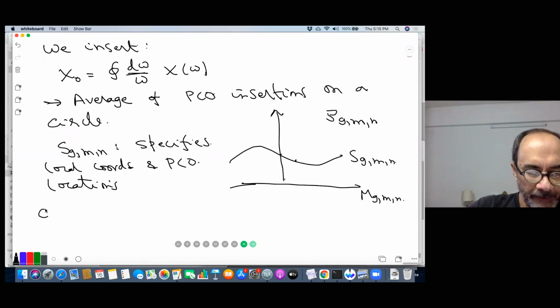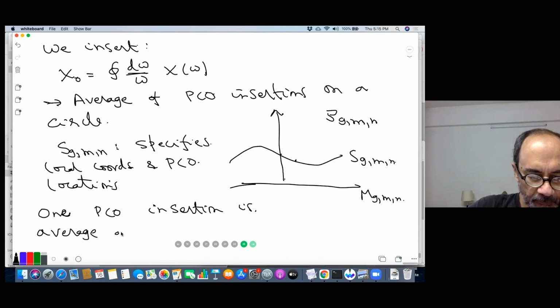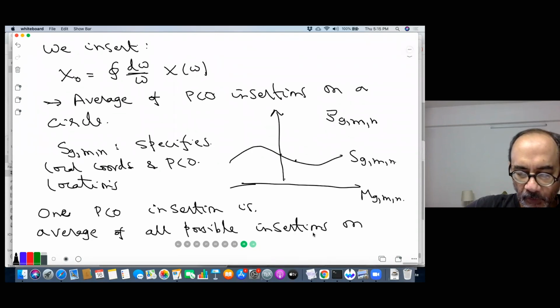So one PCO insertion is the average of all possible insertions on mod W equal to Q to the half circle.